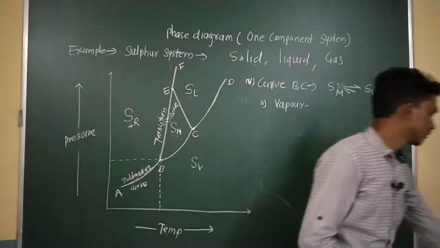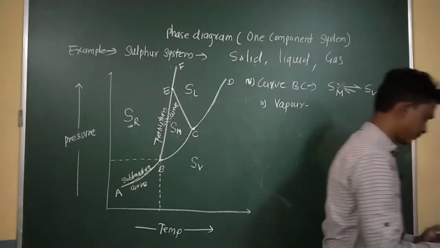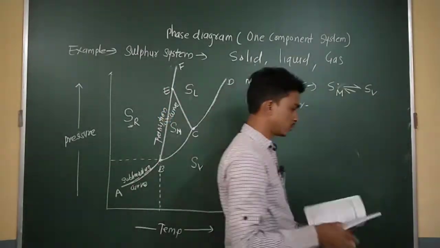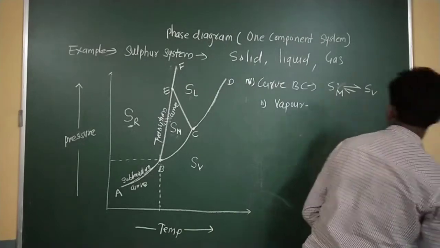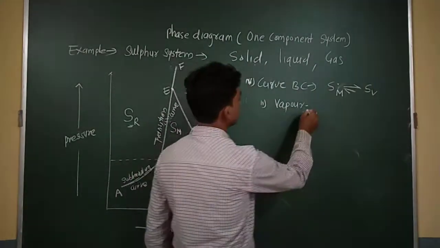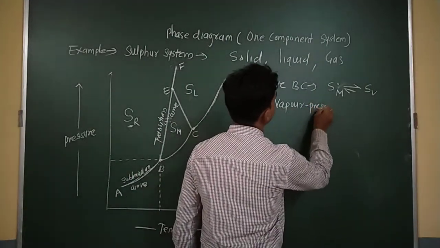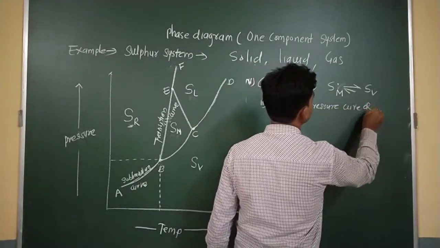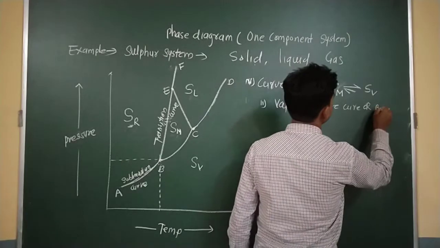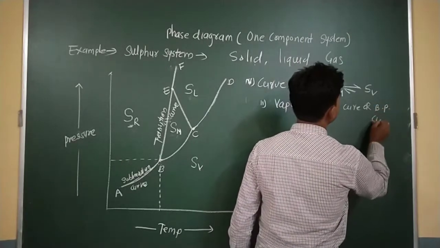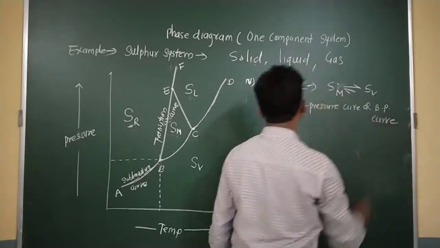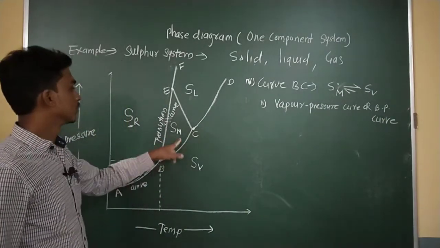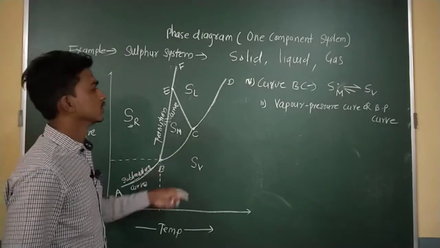Just a minute. That curve is known as a vapor pressure curve. Or we can say this curve is also known as a boiling point curve. This is in solid form, this is in vapor form.